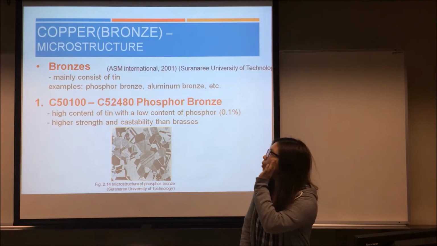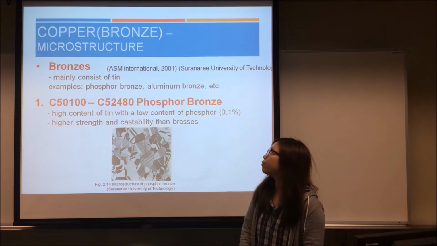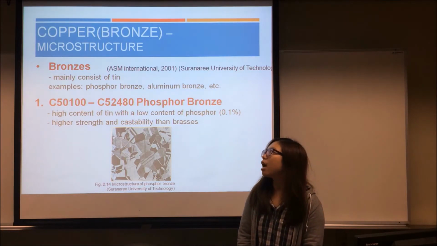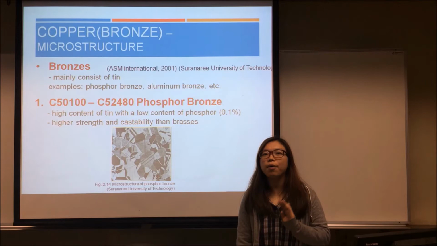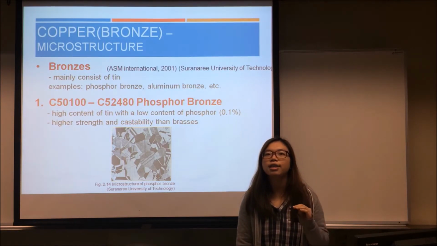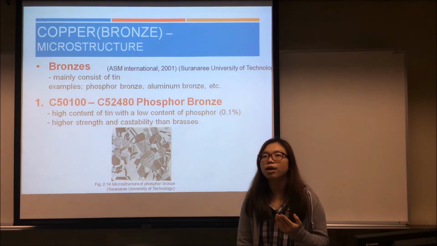First, I will talk about the phosphor bronze. Unlike other bronze, tin bronze contains a higher content of tin and a low content of phosphorus. It gives us a high strength and castability than brasses, which is suitable for cast products.